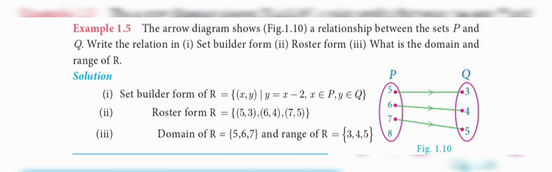Domain of R means we write all the elements in the first set which have a related element in Q. The last element is not connected, so we just omit that element. And range of R is the set of codomain elements which have a pre-image, here 3, 4, 5. So we are completing the third subdivision now.